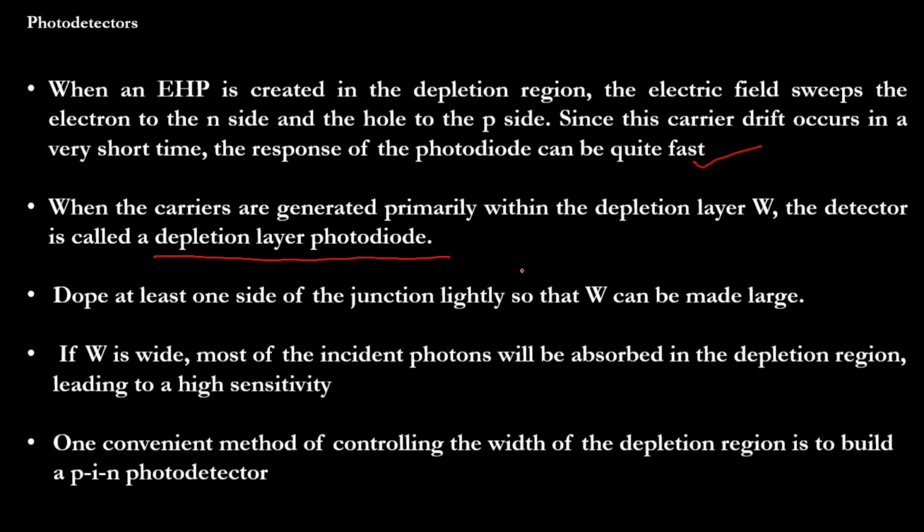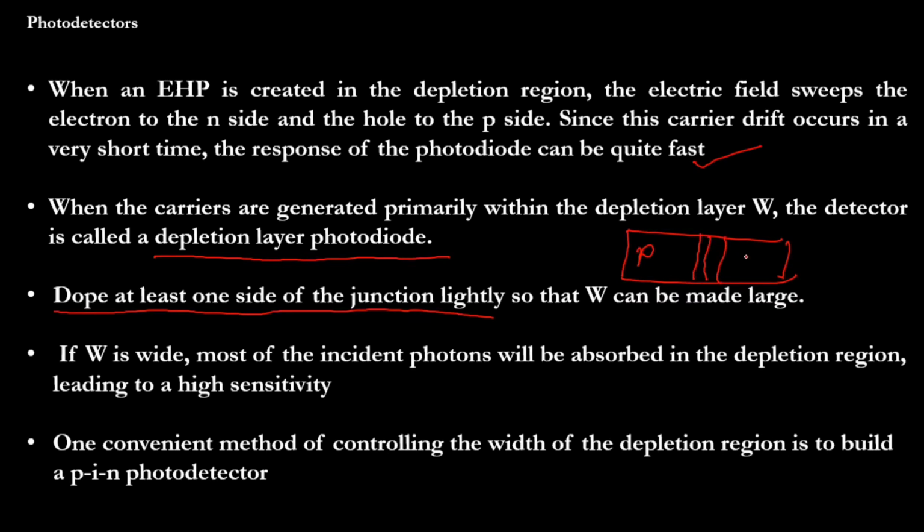So one remedy is to dope at least one side of the junction lightly. One solution for increasing the depletion region is to dope at least one side of the junction very lightly, so that W can be made large. Normally in a PN junction, if you use the same doping level, the depletion region will be the same.